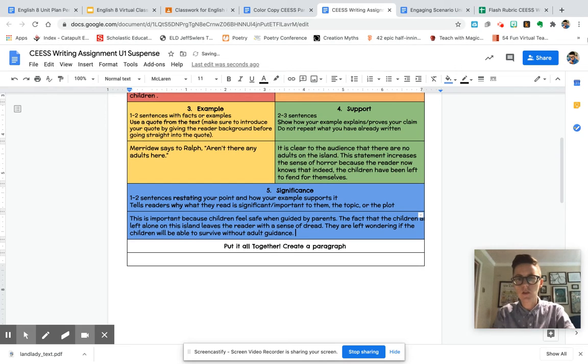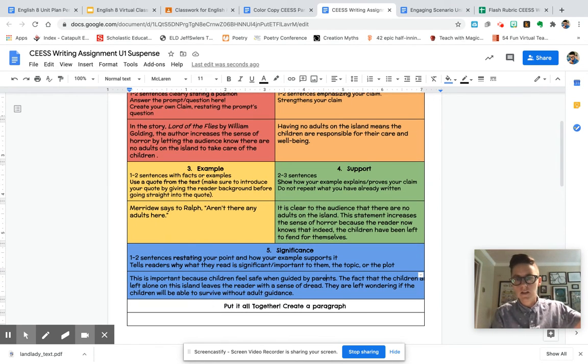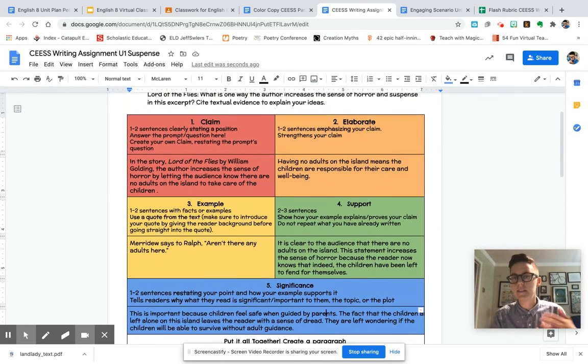Now, you don't have to agree with this. You may think something different adds to the sense of dread, but this is what I think. So that's how you write a CEESS paragraph.